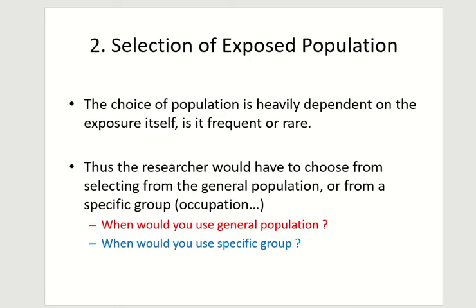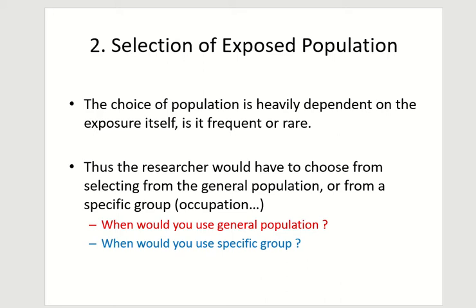Part two talks about selection of the exposed population. Remember, you have to think about where do I go to get my exposed, where do I go to get the non-exposed. So where do I go to get the exposed population? This choice of population heavily depends on the exposure itself. Is it a frequent exposure or is it a rare exposure? Yani, are you looking at something like smoking, which is quite frequent, or are you looking at a case of, for example, taking statin?